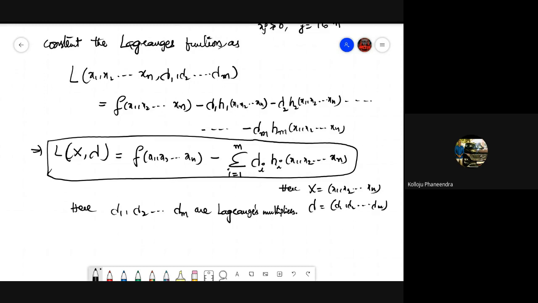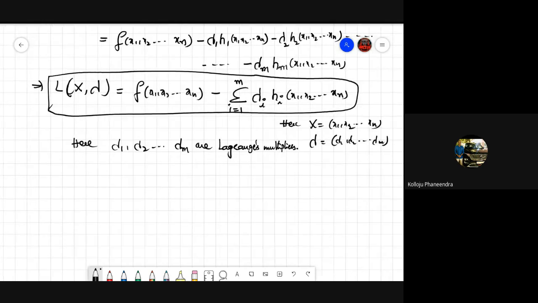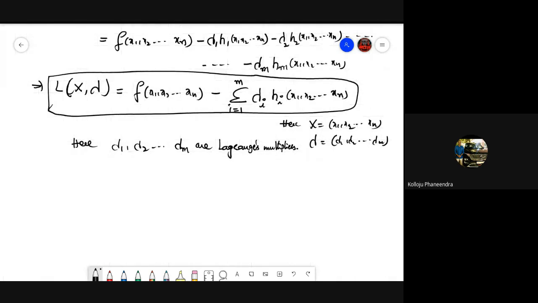Now, total number of unknowns: how many unknowns are there? x1, x2, up to xn, and the Lagrange's multipliers 1, 2, up to m. Therefore the necessary conditions for optimum, for maximum or minimum, are as follows. Previously, with two variables, we had del L by del x1 equal to 0, del L by del x2 equal to 0.